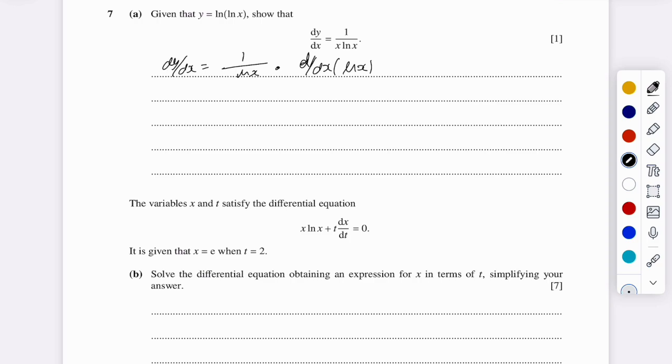And what's that going to give you? That's going to give you 1 over ln x times 1 over x, which equals 1 over x ln x. Simple enough. That's the first bit for 7a.